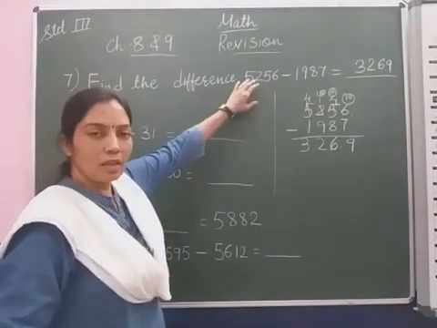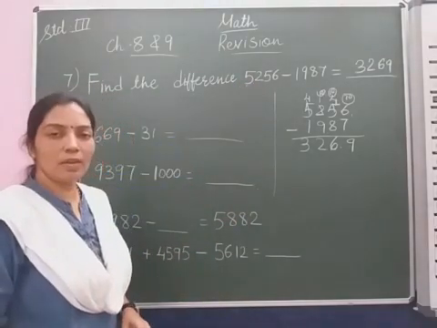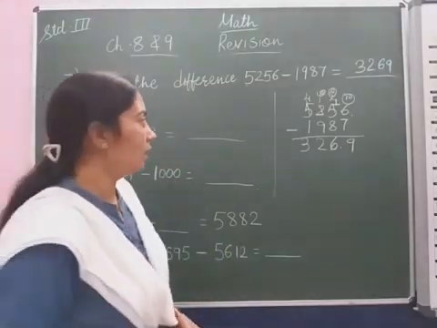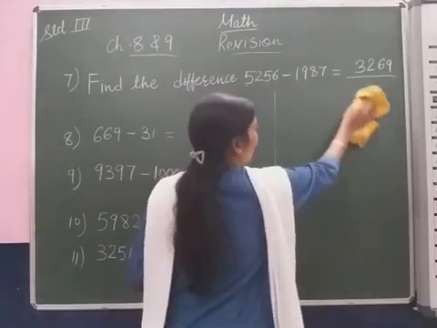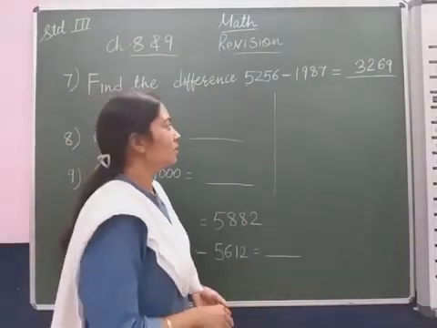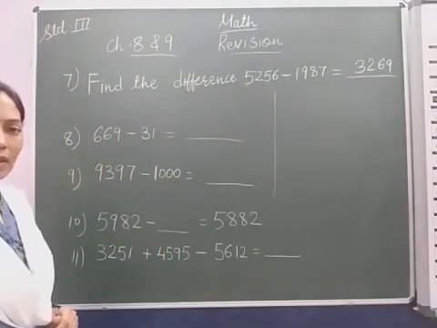We subtract 5,256 minus 1,987. We use here the borrow system, or we can say the regrouping method, and through this method we find the difference.